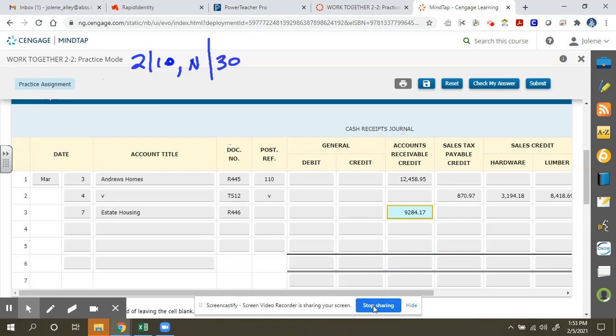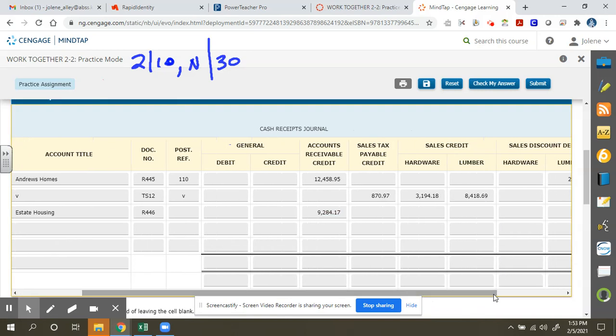Okay. They had made a return on this one. Estate Housing made a return of $833. So we've got to subtract that off of this $9,248.17. So use your calculator. $9,248.17 minus what they had returned. So at this point, what they really are satisfying is $8,415.15.